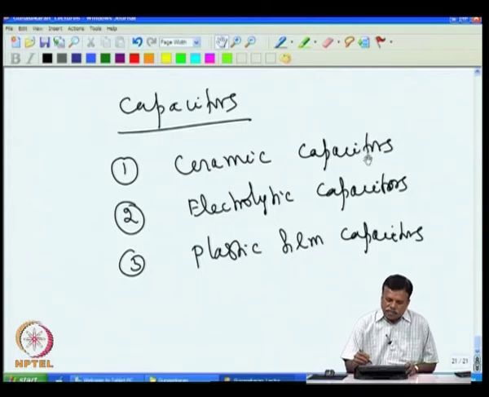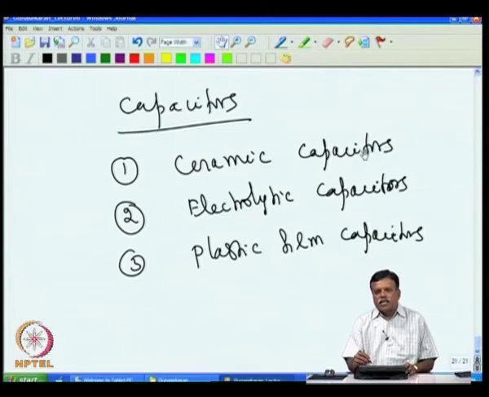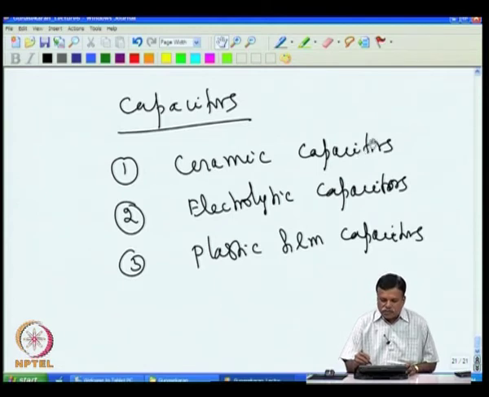The dielectric constant will change, and because the dielectric constant determines the capacitor value, when it changes the capacitor value also changes. So, ceramic capacitors have a large temperature coefficient. Electrolytic capacitors also have a large temperature coefficient. Plastic film capacitors have a very low temperature coefficient.